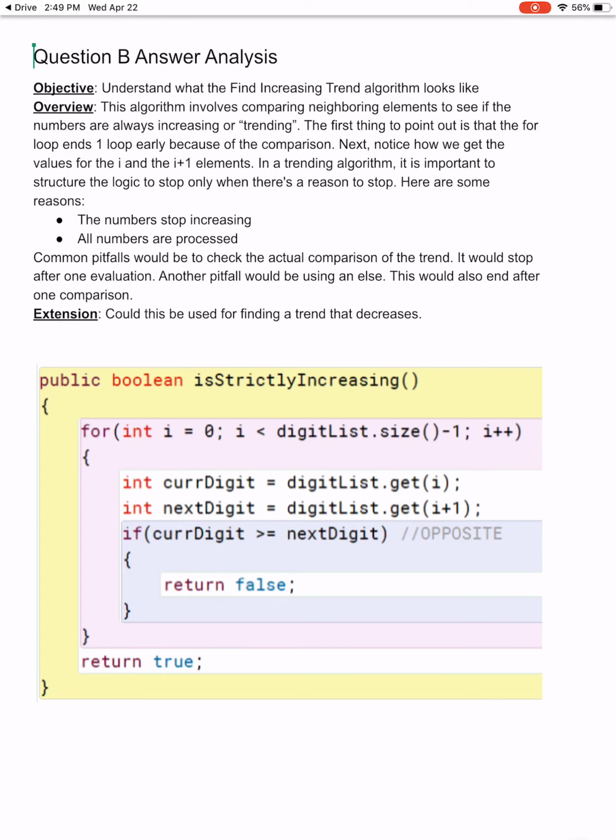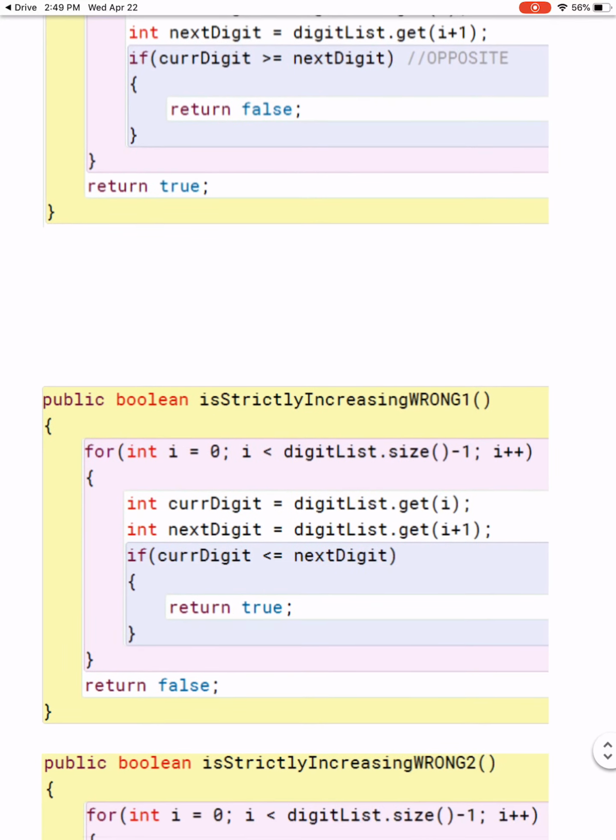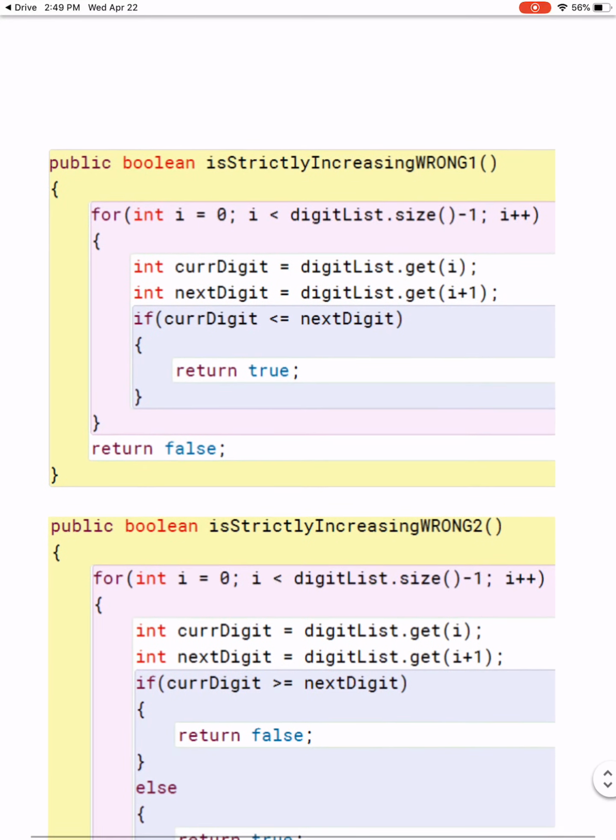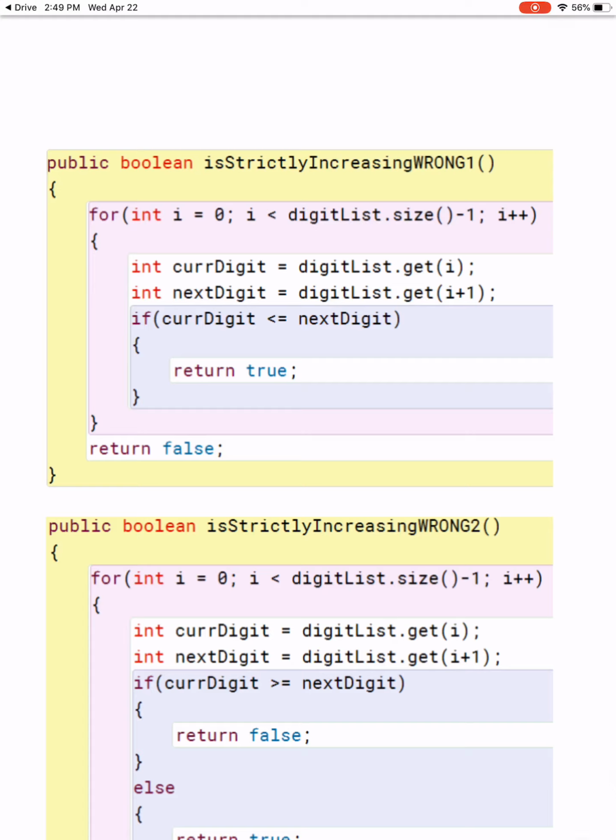Here's some examples where this wouldn't work, but are easy to make mistakes on. So for the first question, again, is strictly increasing. For this one, we look to see if the current digit is less than or equal to the next digit. Again, your logic might tell you, well, this is the correct thing because for this to be increasing, the current digit needs to be less than the next digit.